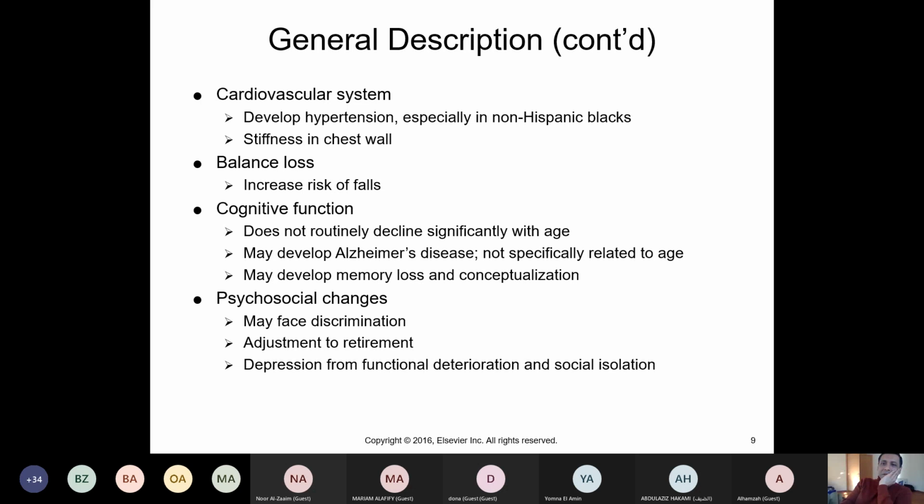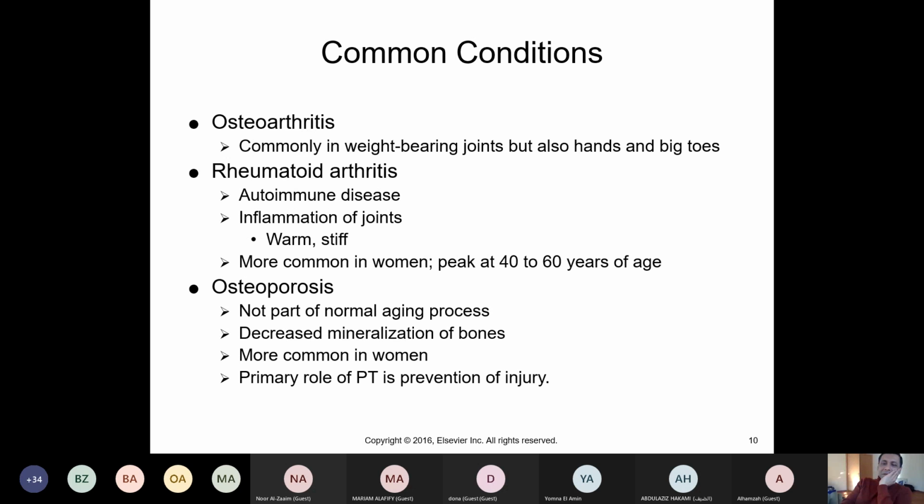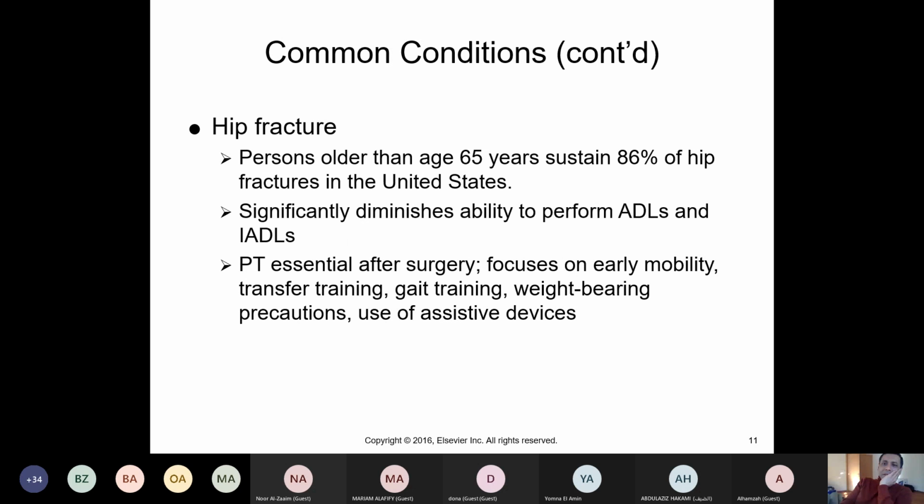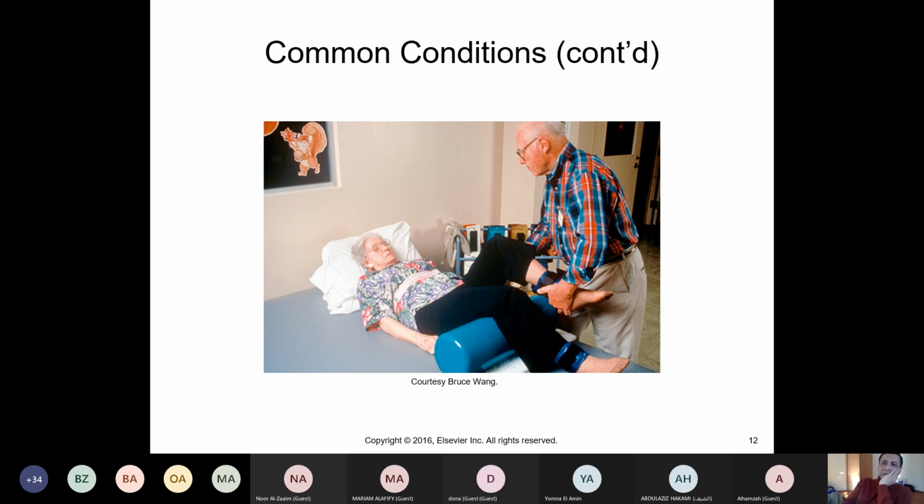Are there a lot of men with high blood pressure in Nigeria? Yes, I'm not sure, but mostly women. Women with high blood pressure? Okay, interesting.